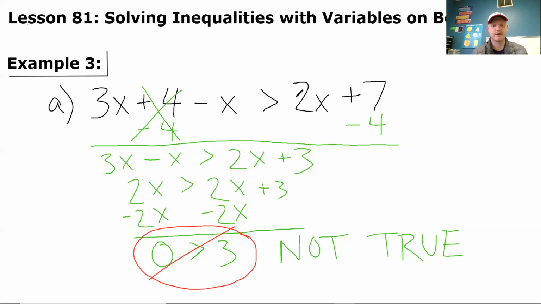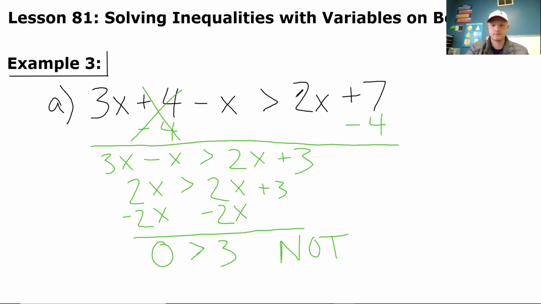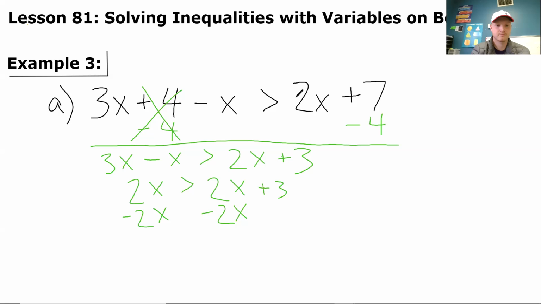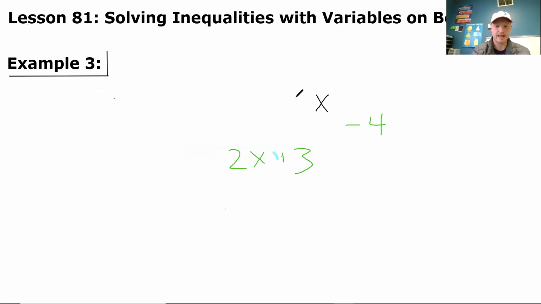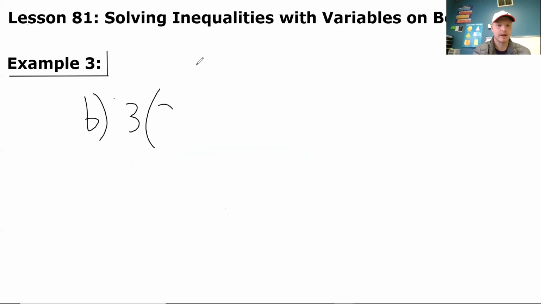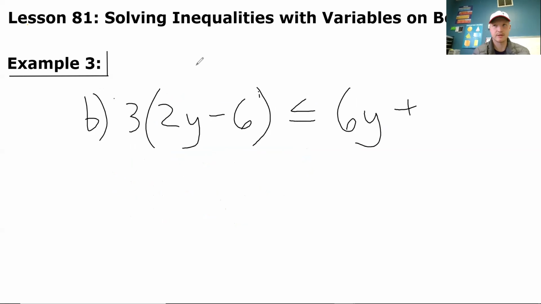Okay, so I'm going to erase all this stuff here. So letter B, we have 3 times 2y minus 6 is less than or equal to 6y plus 4.